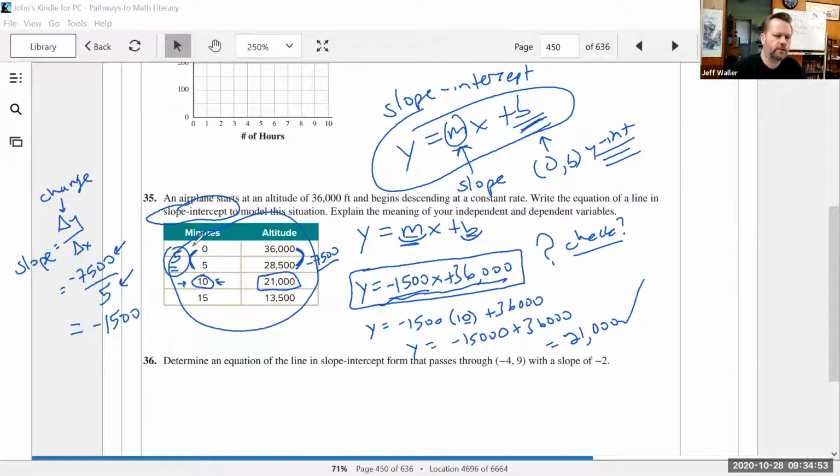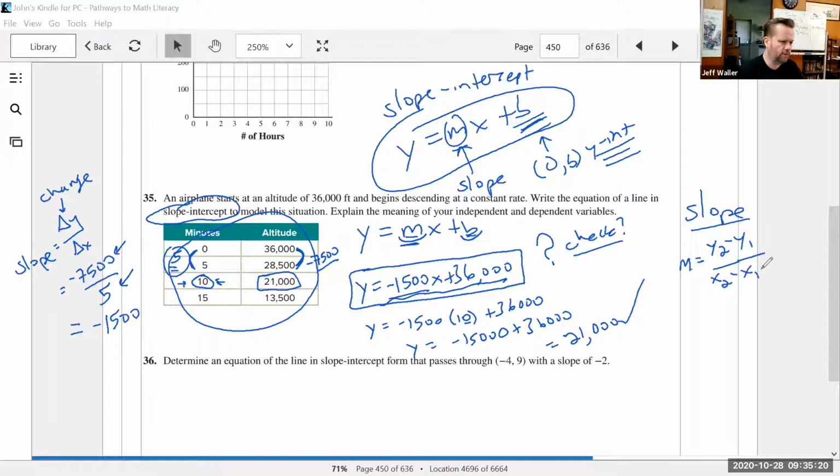All right, so I want to do a direct problem with you. These are kind of like dancing around a few things. I want to remind you, I think I've shown you this equation before for slope: y2 minus y1 over x2 minus x1.